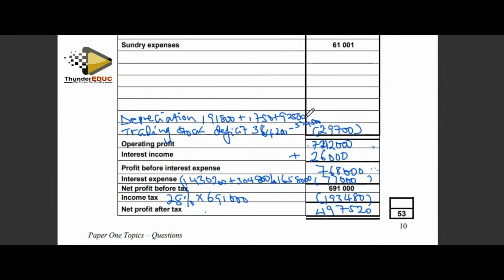So we are going to get the 191,800 plus 1,750 plus 92,500. So the total depreciation for the year was supposed to be calculated as 28,286,050.